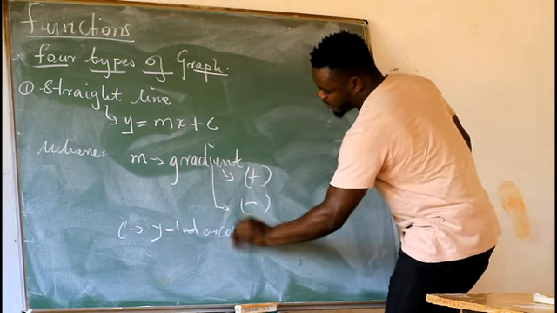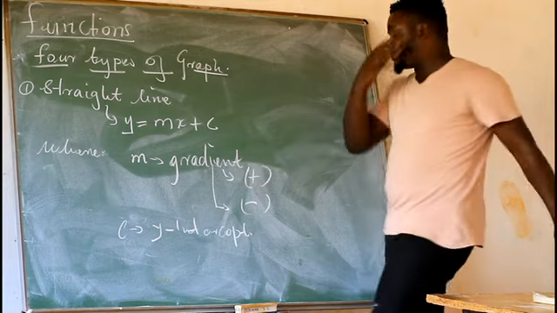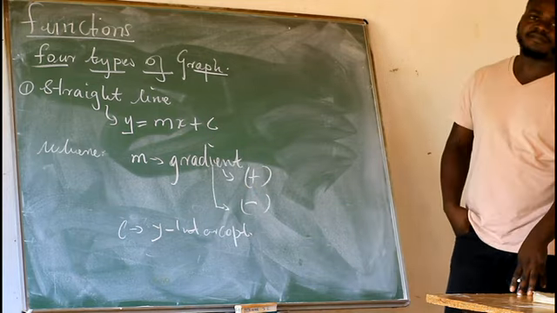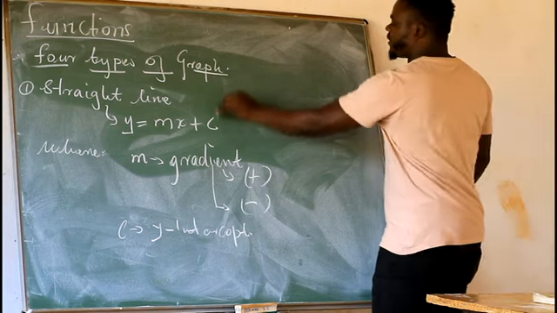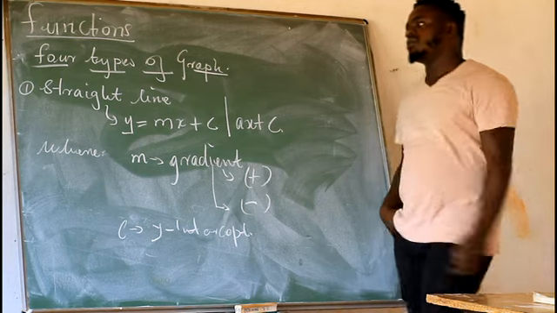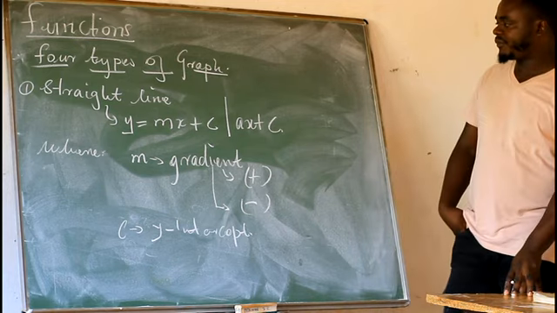That is a straight line. A straight line is a very simple graph. Sometimes it might be given in the form of ax plus c. It's still a straight line.